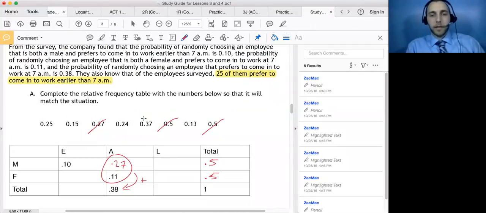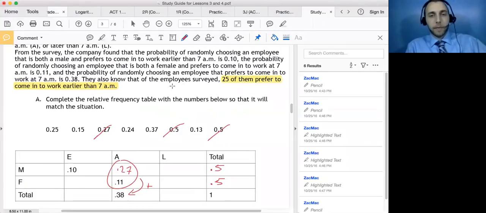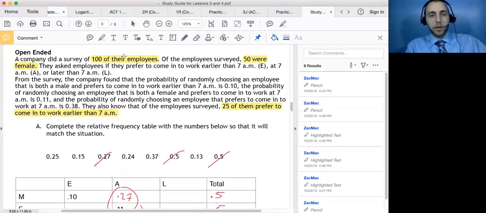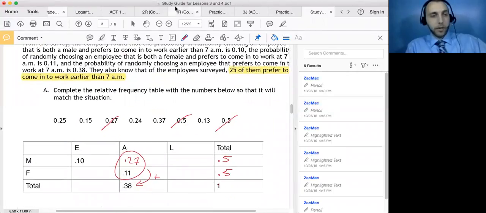Okay, and then let's check out this last bit here that I highlighted. 25 of them prefer to come into work earlier than 7 a.m. So that means that 25 people out of 100 total prefer to come in, I'm sorry, earlier than 7 a.m. So that would be a 0.25 chance that any person prefers to come in, whether it's male or female, earlier than 7 a.m. So now we have that.